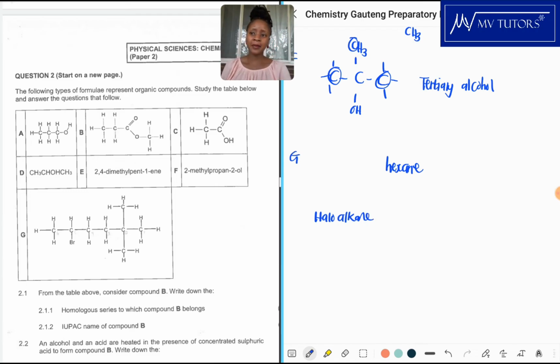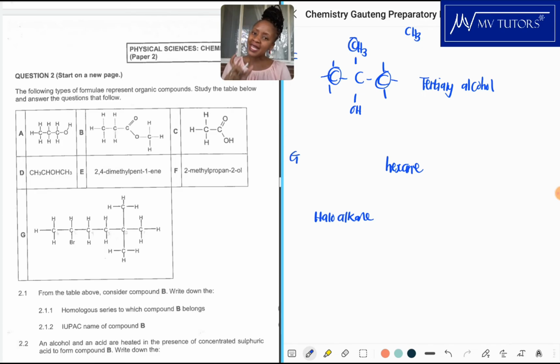If we were to name it, where would you start numbering your carbon atoms? Would you start from the side closest to the halogen or closest to the branch? Yes, closest to the branch. So you're going to start numbering from right to left. On the second carbon, you have your methyl group. Actually 2 methyl groups, so it's going to be 2,2-dimethyl.